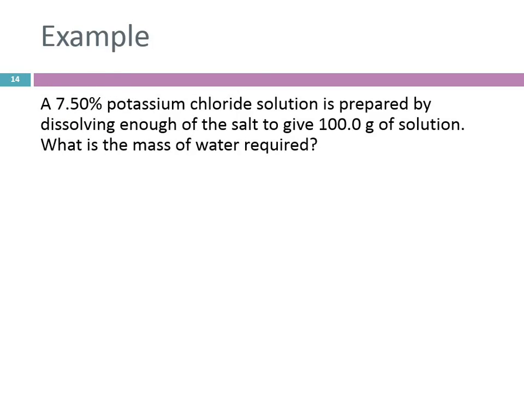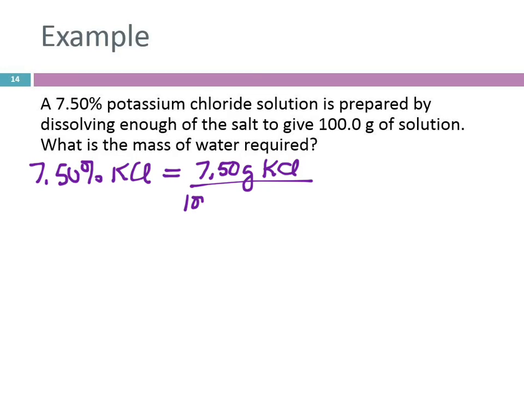Let's write that down and identify what that means. 7.50% potassium chloride. What does percent mean? Parts per 100 parts. Here we're using the unit gram, so let's just use grams. That means 7.50 grams of potassium chloride per 100 grams of solution.